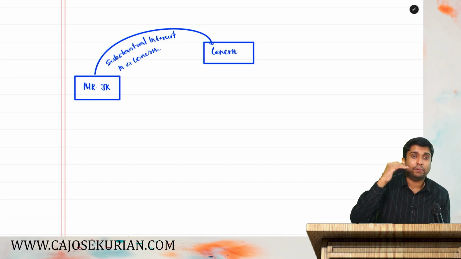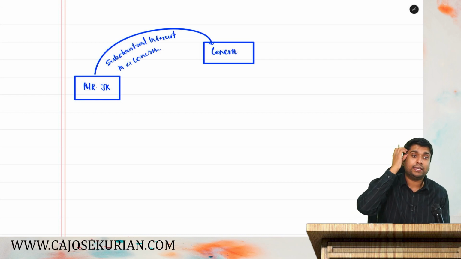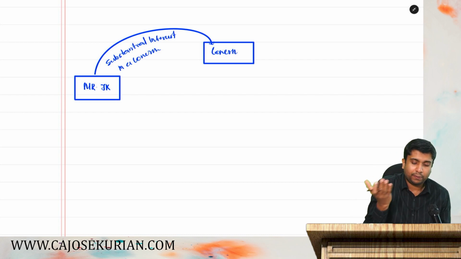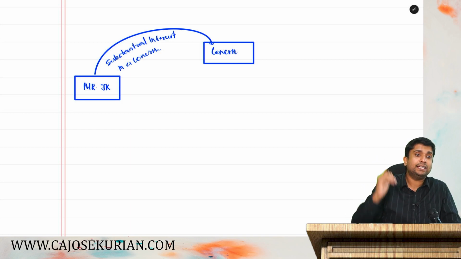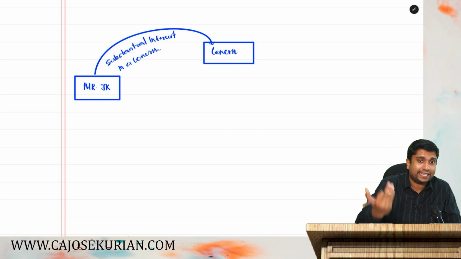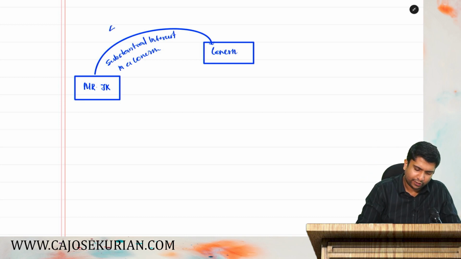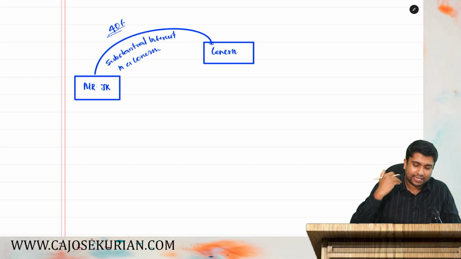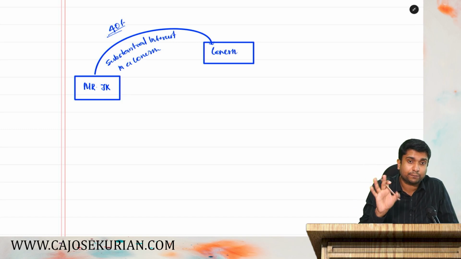Or we can say a person has 20% or more stake in a particular concern, maybe in a partnership firm, profit sharing ratio. Are you all with me? So substantial interest simply means a person having 20% or more interest or stake, share capital or profit, etc. So if JK has 40% share capital in this particular concern or company, then I can say that JK is a person having substantial interest in that particular concern.